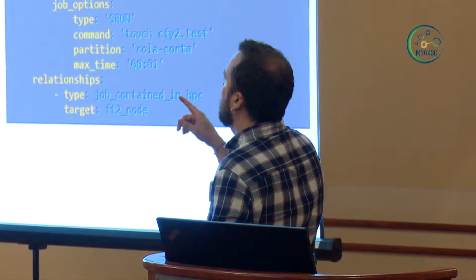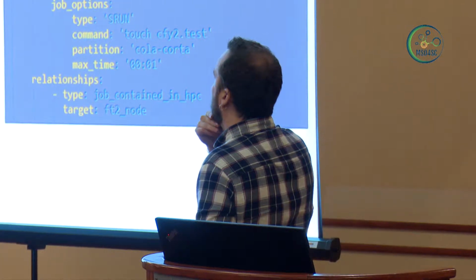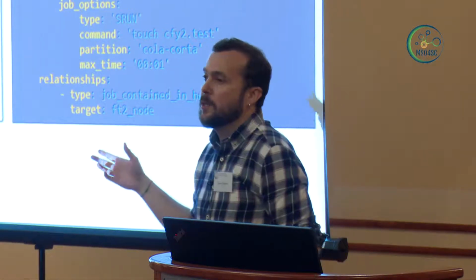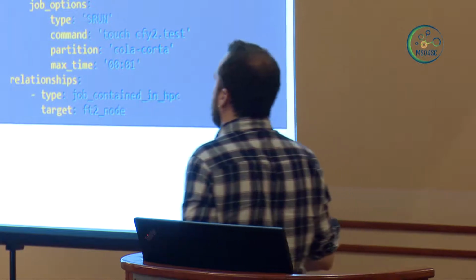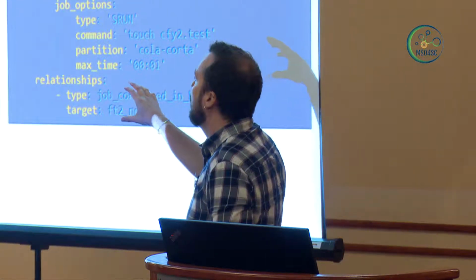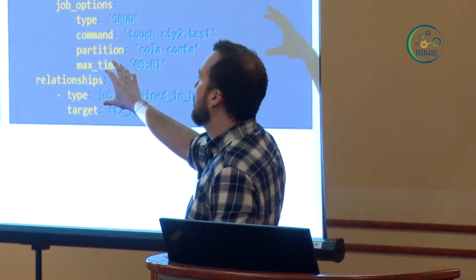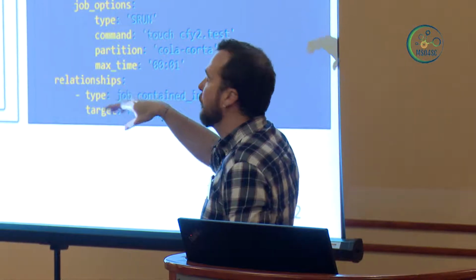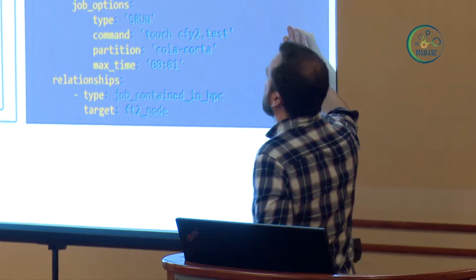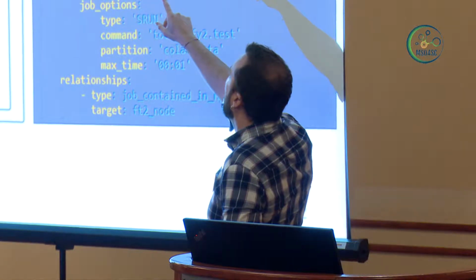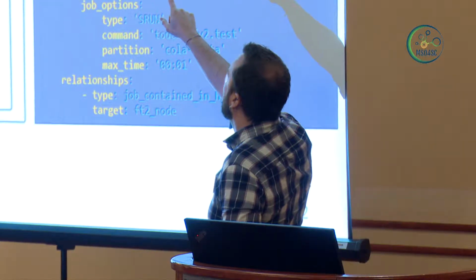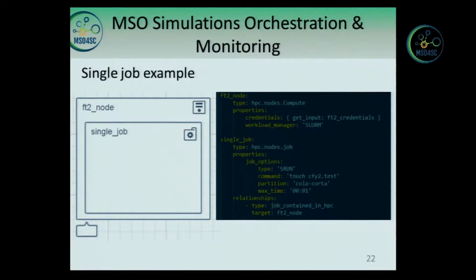We have FT2 node, which is representing an HPC. In this case, it's representing the Finisterrae infrastructure, and inside it we have another node which is called single job. As you can see in the Tosca file, we have FT2 node, which is of type HPC nodes compute, and we have the single job, which is of type HPC nodes job.